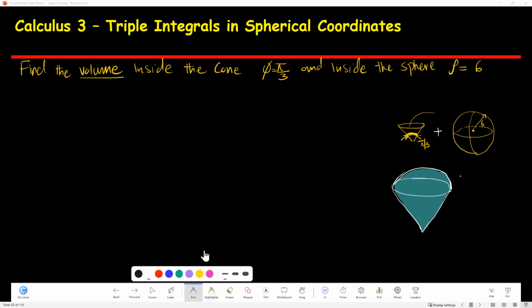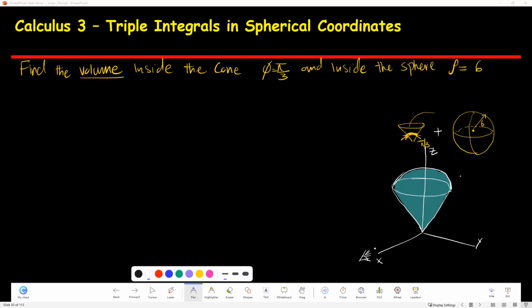Alrighty, let's jump in and take a look. The one rule we always use: this is my z, this is my y, this is my x. Since I'm talking about theta and phi, maybe I can see from this side. When I look at the round, I'm looking from the z side.